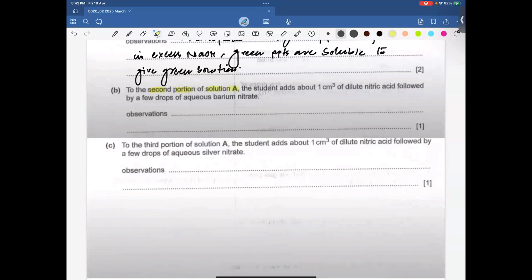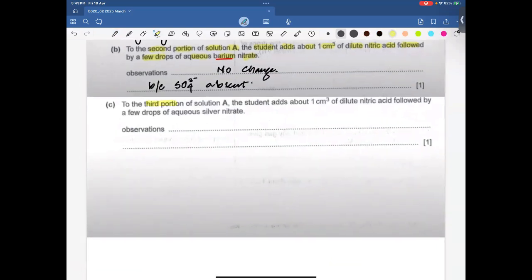To the second portion of solution A, the student adds 1 cm³ of dilute nitric acid followed by a few drops of aqueous barium nitrate. When we add barium ions, we are testing sulfate ions, and since there are no sulfate ions in this solution, there is no change, because sulfate ions are absent.